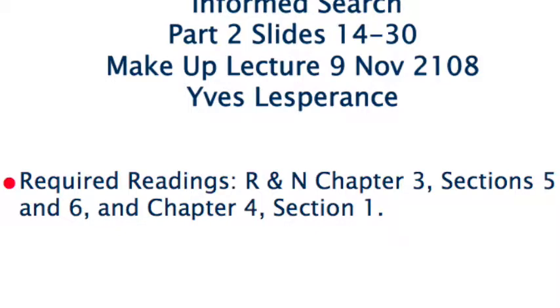Okay, so last time we had seen some basic algorithms for doing heuristic search, including A star, which is probably the key heuristic search algorithm.